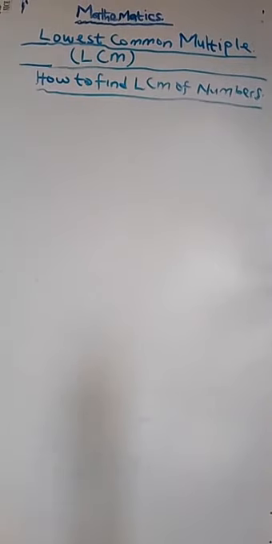Now, let us look at how to find the LCM of numbers in mathematics. There are 3 ways or methods of finding LCM, but we'll look at the simple ones.